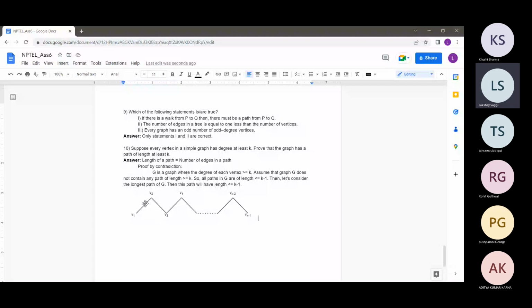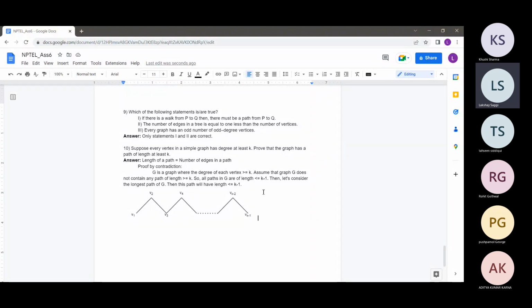The path will have some vertices. Let's label the vertices V1, V2, V3, V4 up to Vk minus 2 and Vk minus 1. Since this is a path, all the vertices are distinct, and there will be k minus 2 edges between them. From V1 to V2 there is one edge, then V2 to V3, then V3 to V4, up to Vk minus 2 to Vk minus 1, for a total of k minus 2 edges.